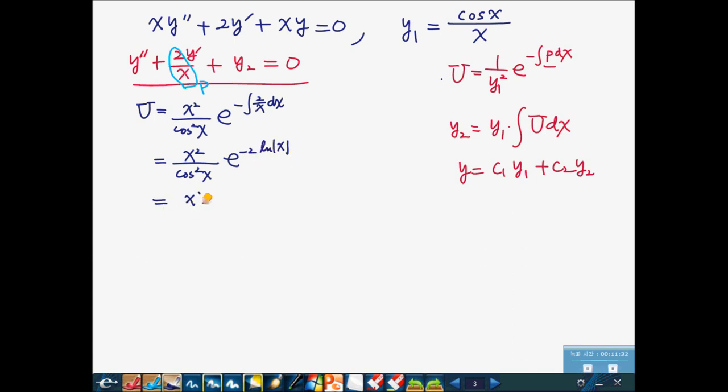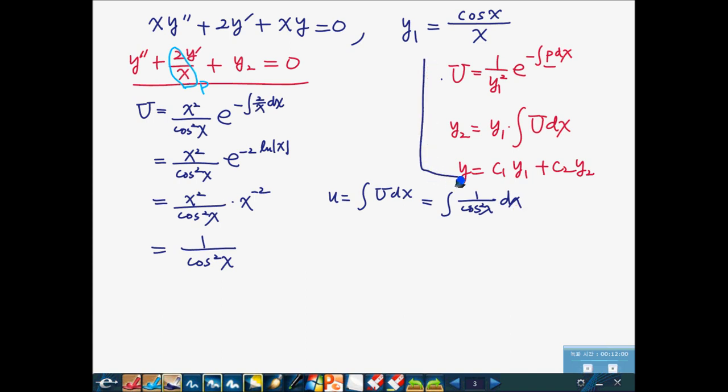Okay, that's x squared over cosine squared x times x to the minus 2. Okay? And so that's your big U. And small u is the integration of big U, which is 1 over cosine squared x dx, which is tangent x.